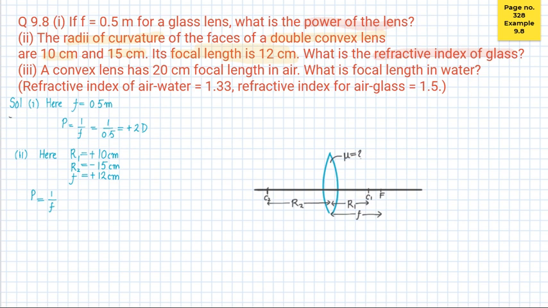But since they have given the radius of curvature, I can also write the power of lens equals mu minus 1 into 1 upon R1 minus 1 upon R2. Right.